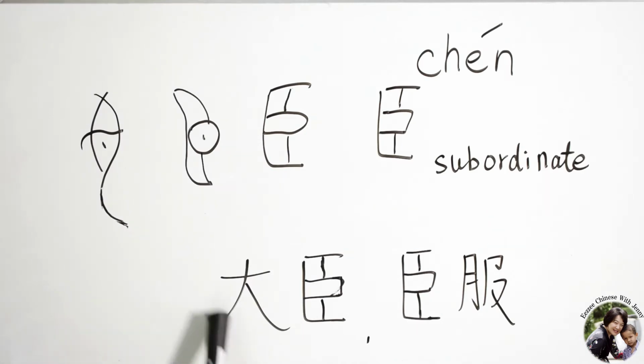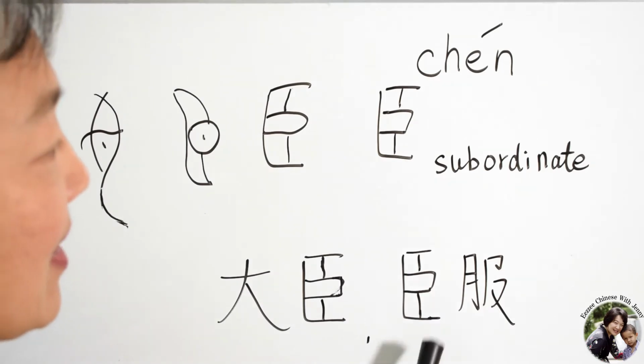And if you put the character 大, meaning big, 大臣 together now means chancellor or minister. And 臣服 together actually means you are willing to be the subordinate, you're willing to obey your master or whoever.